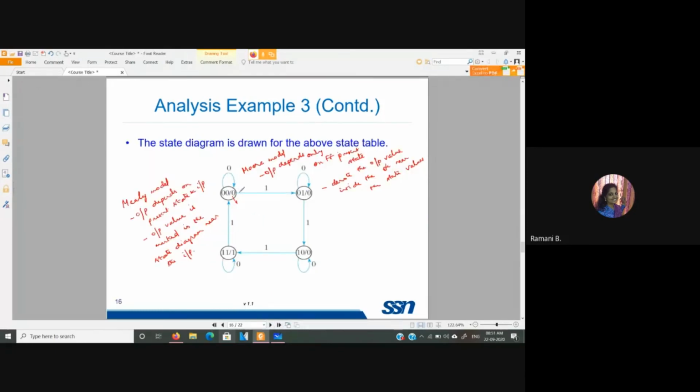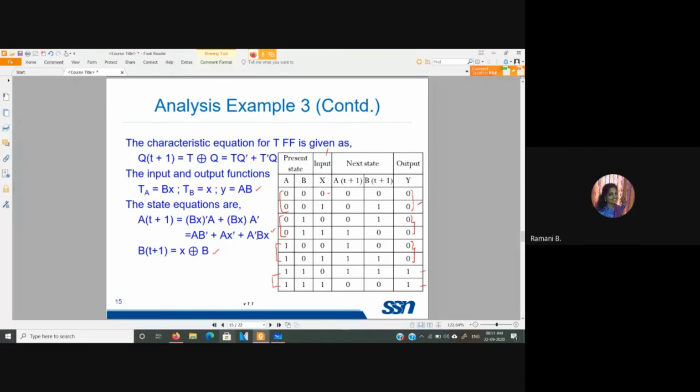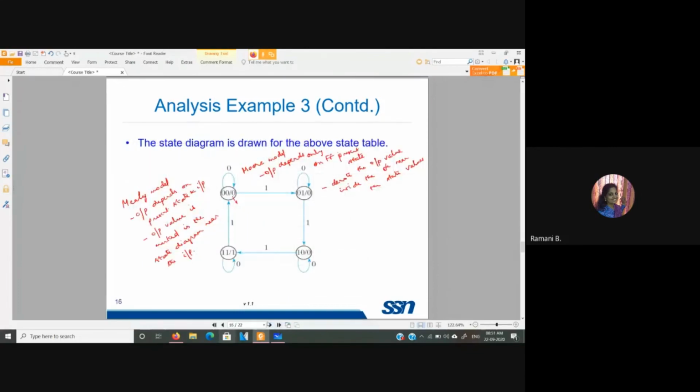And for input equal to 1, you move to the next state. So whenever the input value is 0, the present state and next state values are the same, and when it is 1, it moves on to the next state. For input 0, you remain in the same state, and for input 1, you move to the next state.